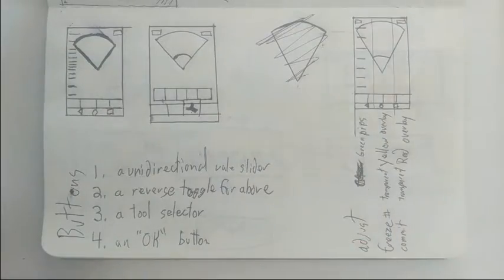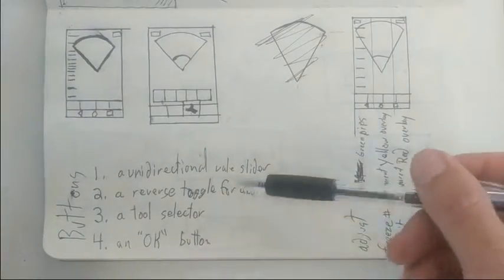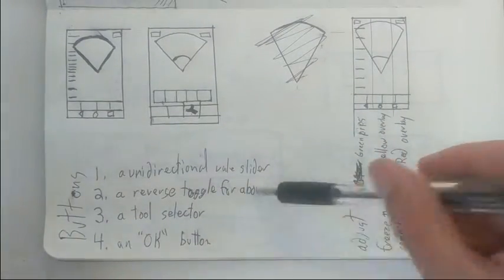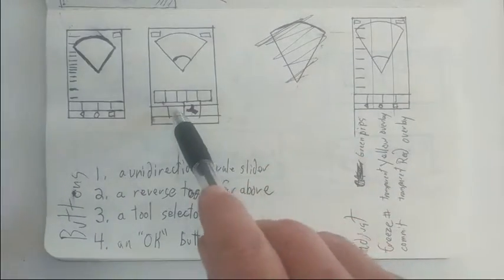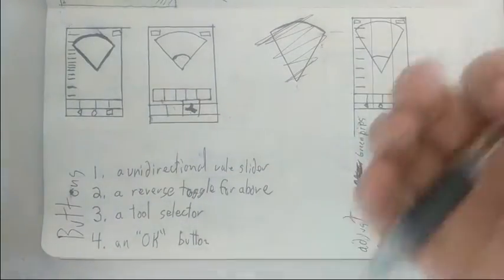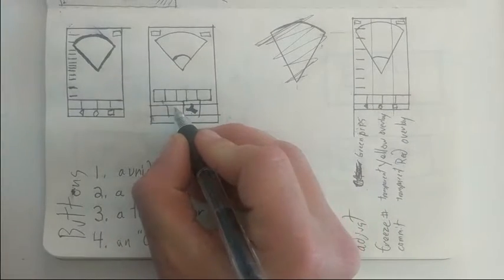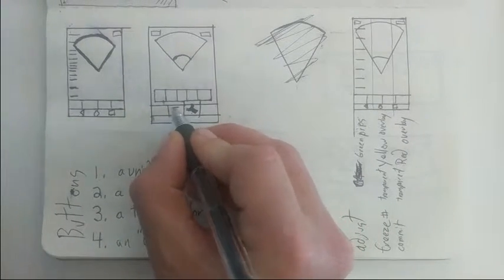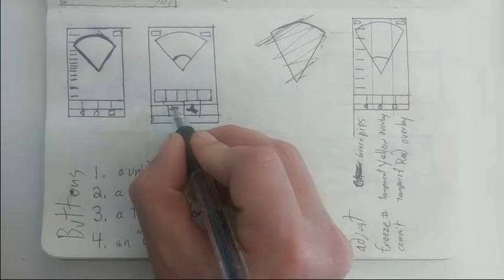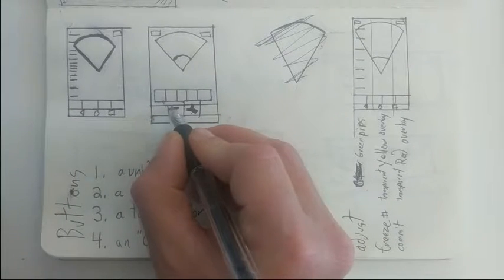So we have them. We have the slider, the reverse toggle. It should be something easy for someone to recognize as a reverse. The kind of arrows, again, if you can see it on the demo app, that you usually see on a tool, I think are about right.